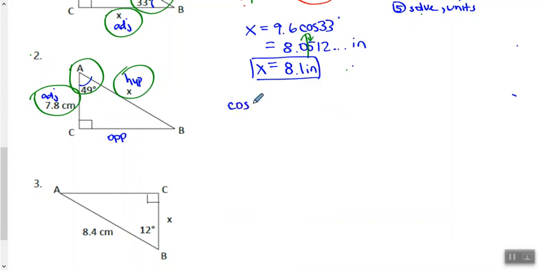So cos of angle A is going to be my adjacent divided by my hypotenuse. So cos of 49, because that's my angle, equals my adjacent, which is 7.8, divided by my hypotenuse, which is x. Sorry.